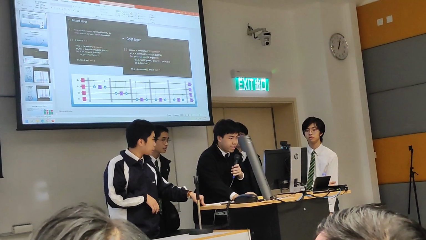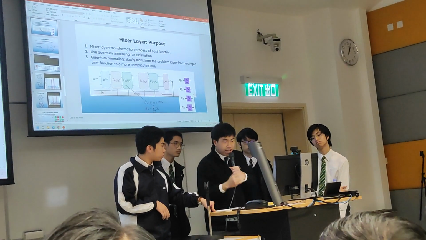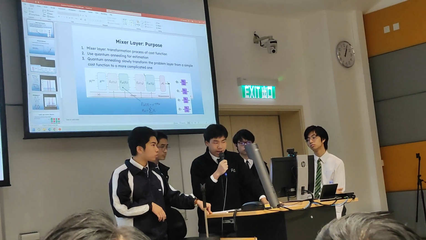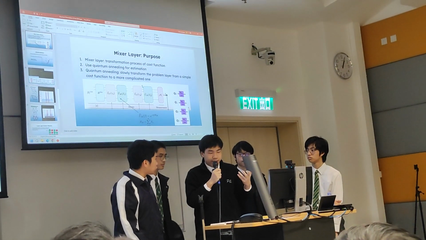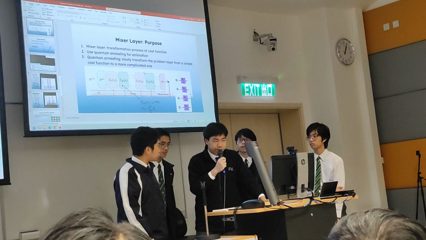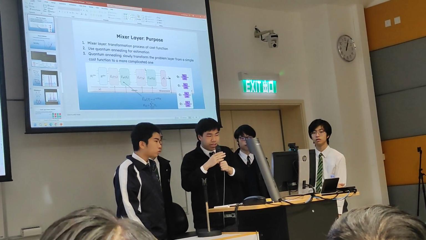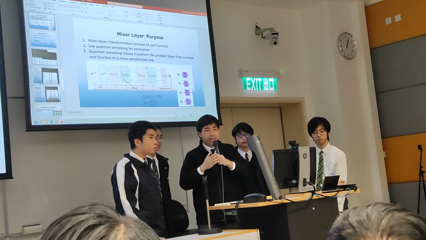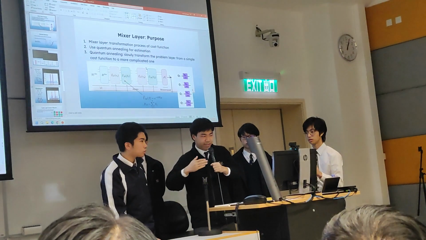But in a general QAOA, we can take as many layers of gamma and beta as we want, and the algorithm will be more accurate if we increase the number of layers infinitely, theoretically.